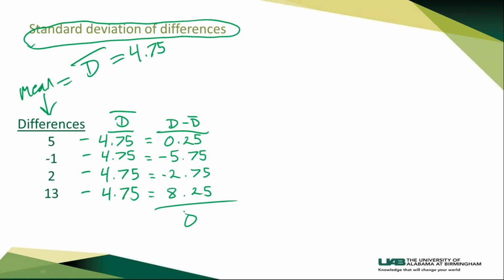And again, if I were to add those up, I would get 0. That's useless to me. What I want then is d minus d bar squared. So again, it's the same formula that we have been doing for variance.